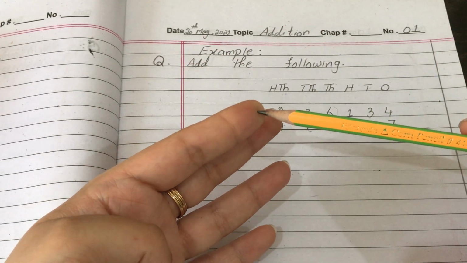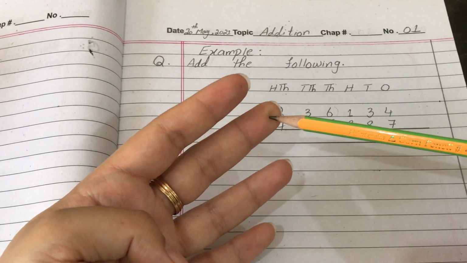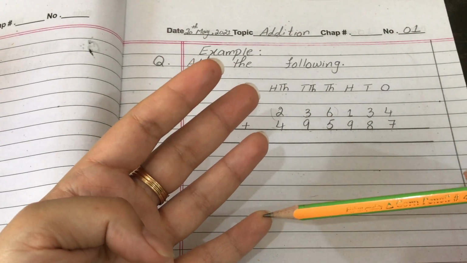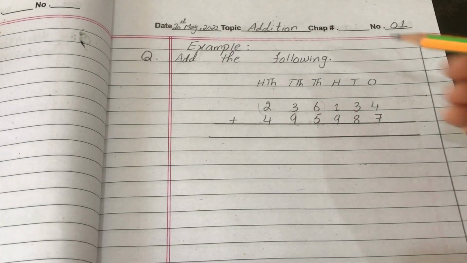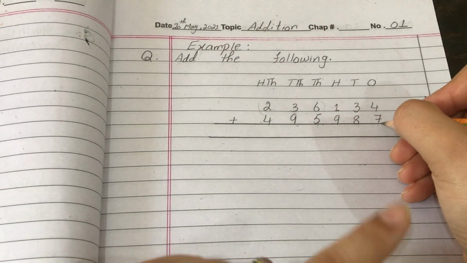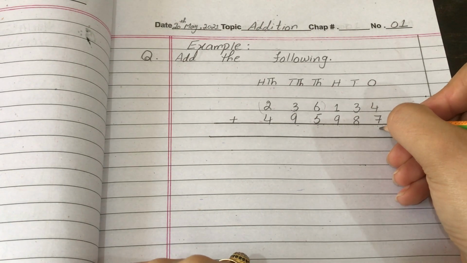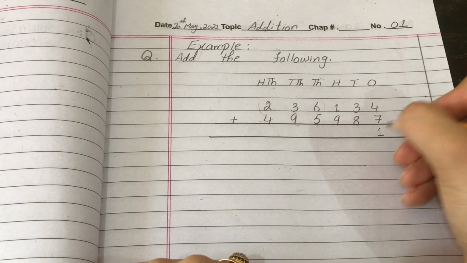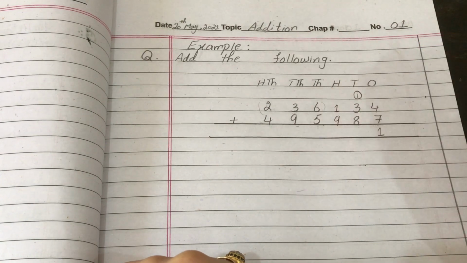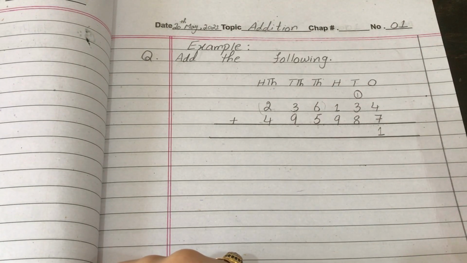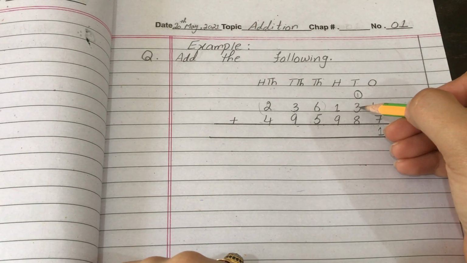What comes after 7? Yes, it's 8, 9, 10 and 11. And you all know as 11 is a 2-digit number, we cannot write a 2-digit number in a column, right? So I will write 1 here and I will make the other one a carry in the tens place, right?